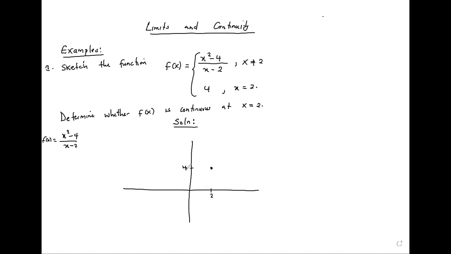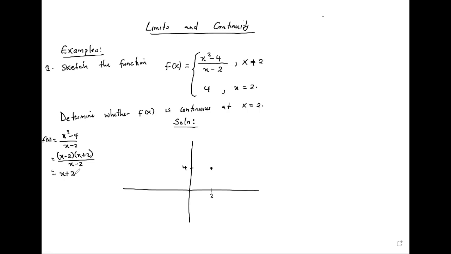So you plot the 4 as a point, (2, 4), and then anything else, you use that function. But we're able to simplify this function to x minus 2 and x plus 2 over x minus 2, giving us x plus 2.